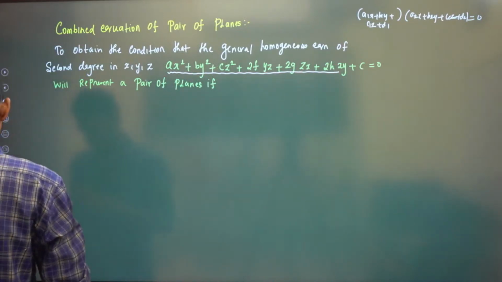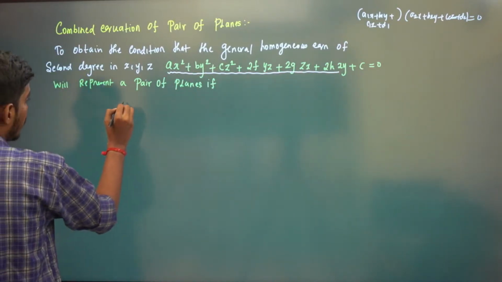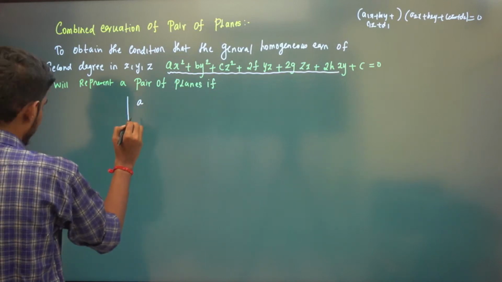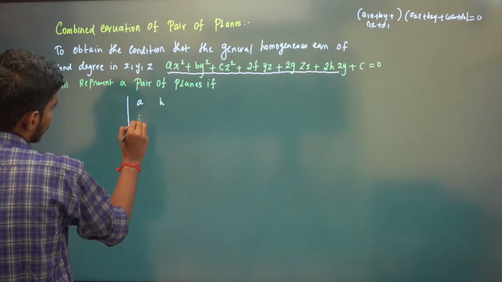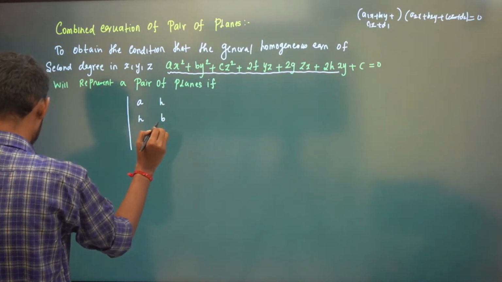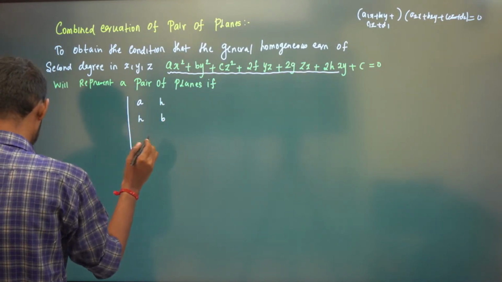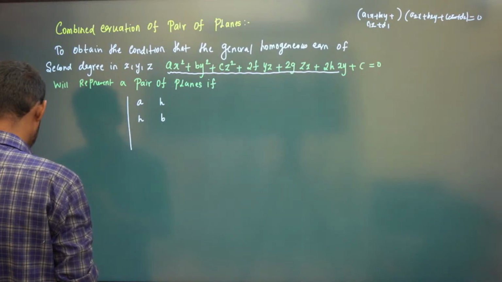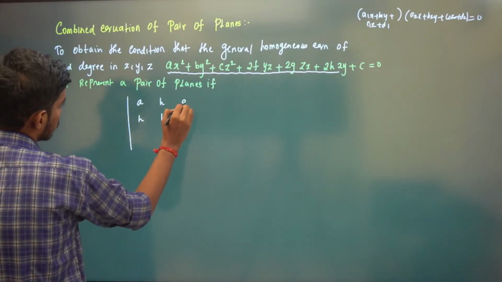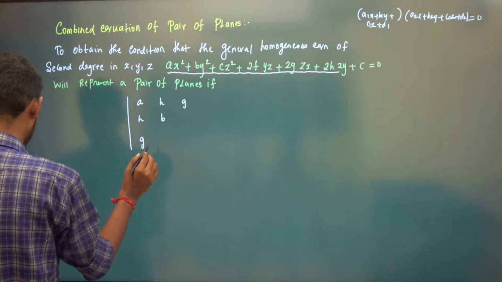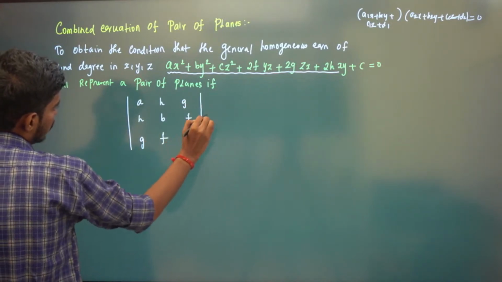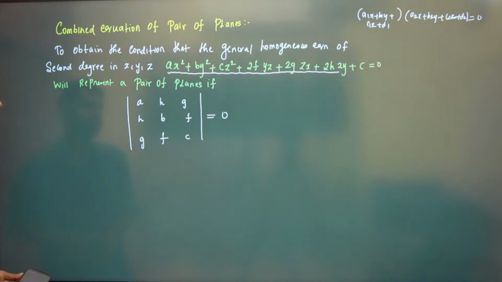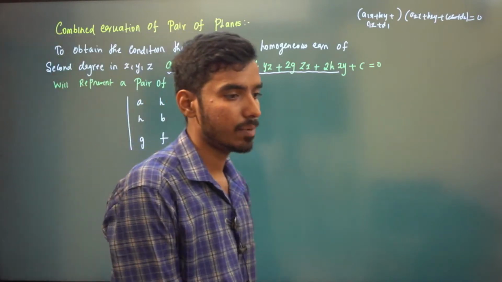If this happens, that is, if the determinant is 0, then this will represent a pair of planes.